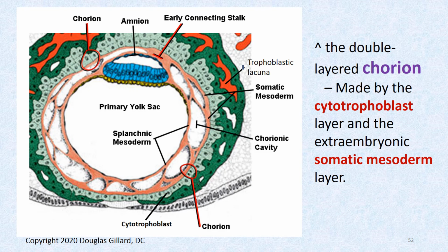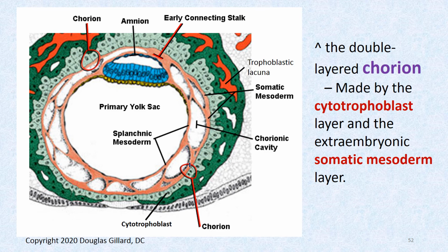Remember the chorion, coming back to the chorion. That was the cytotrophoblast, the light green layer, plus the outer layer of that split mesoderm, which you could call the somatic mesoderm, the extraembryonic somatic mesoderm, the somatic extraembryonic mesoderm. What else can you call it? The parietal mesoderm, all those AKAs.